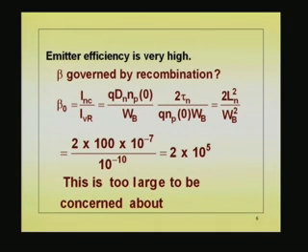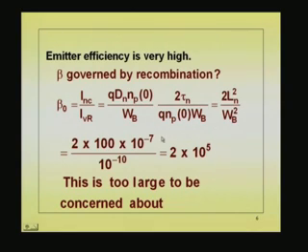Now, if you calculate the beta due to the volume recombination, electron current injected to the collector divided by recombination current. This is the current injected, q Dn dn by dx. dn by dx is Np0 by Wb, divided by stored charge by lifetime, the recombination current. So, that is that quantity.